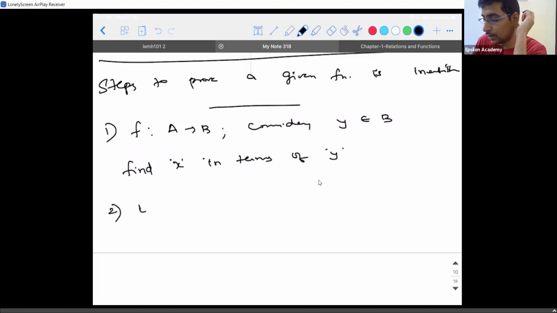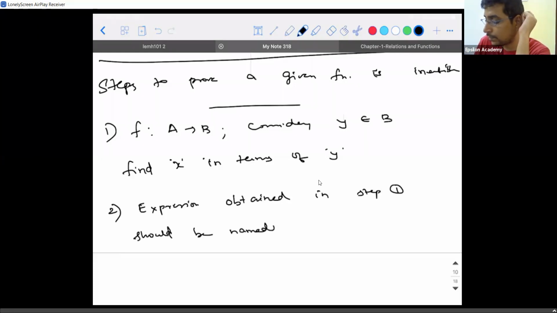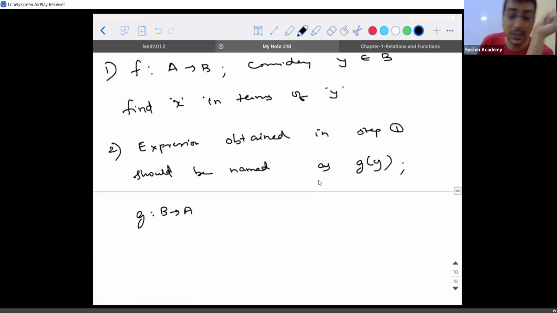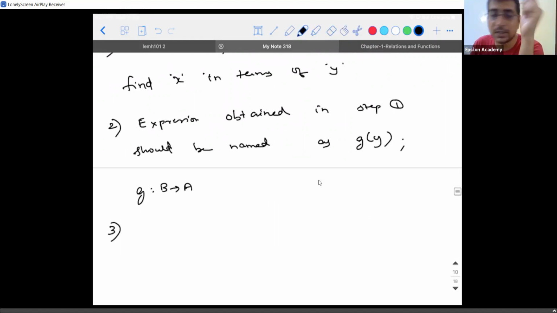Okay. The expression obtained in step 1 should be named as g of y, for all values, that is mapped from B to A. We need to verify whether B to A is also valid there. If not, it will not be an invertible function.